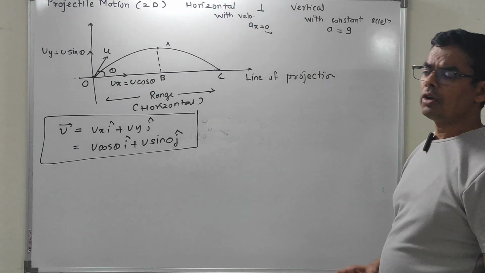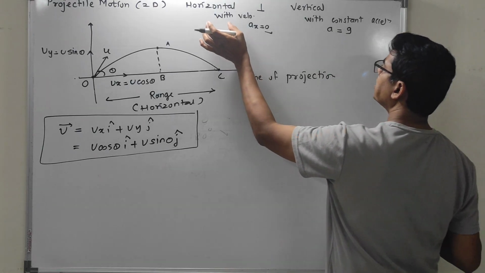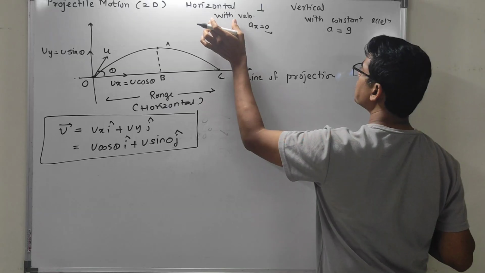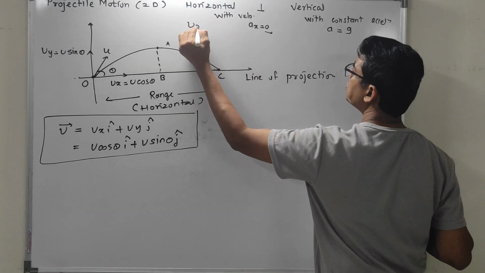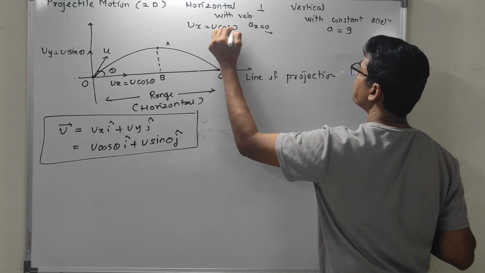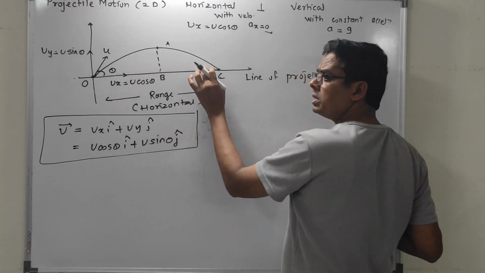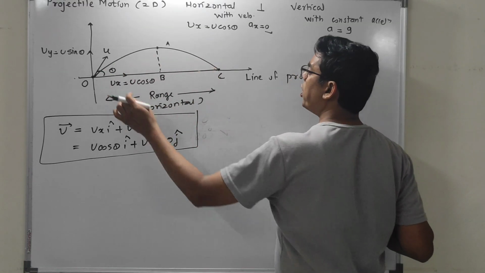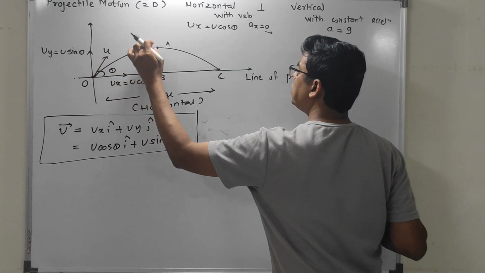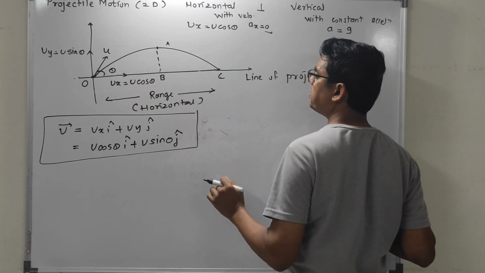This initial velocity of projection has one important characteristic. Its horizontal component is always constant. Horizontal component Ux is equal to U cos theta. What does it mean? It means that whatever may be the point on the trajectory, at every point horizontal velocity is always constant.